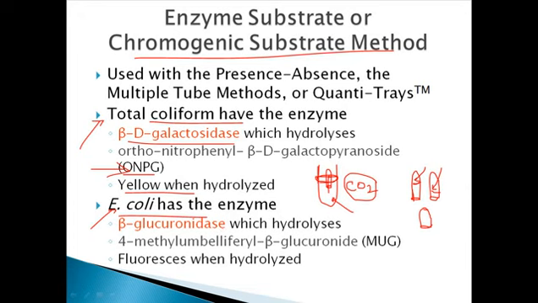For this purpose, as we know, E. coli will produce beta glucuronidase along with beta D galactosidase. Normally E. coli or fecal coliforms have the unique ability to produce beta glucuronidase, but other coliforms except fecal coliforms do not secrete this enzyme.